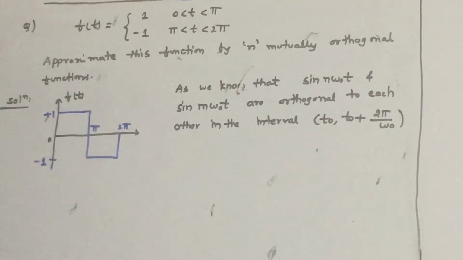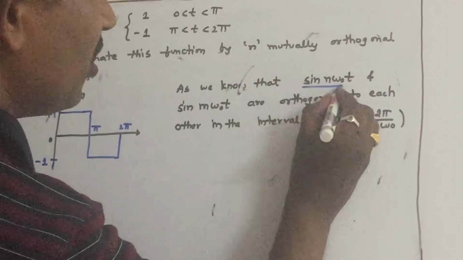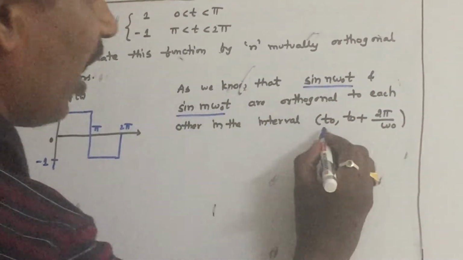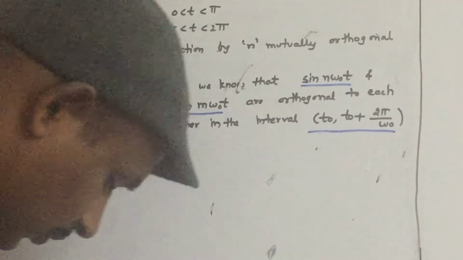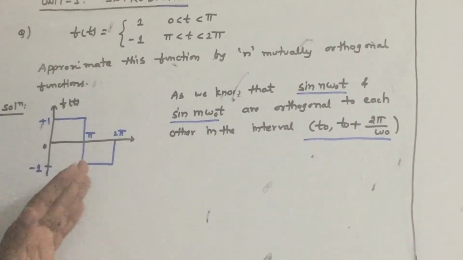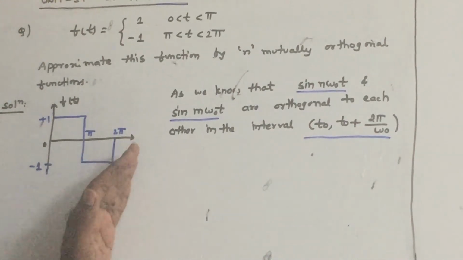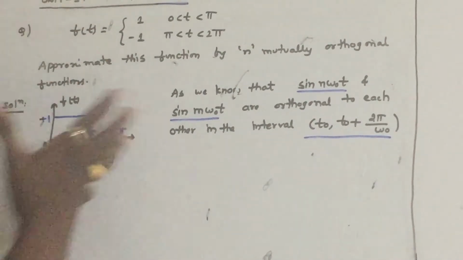This is a very important concept. So any function f of t can be approximated using n orthogonal functions. That is the concept of this chapter.